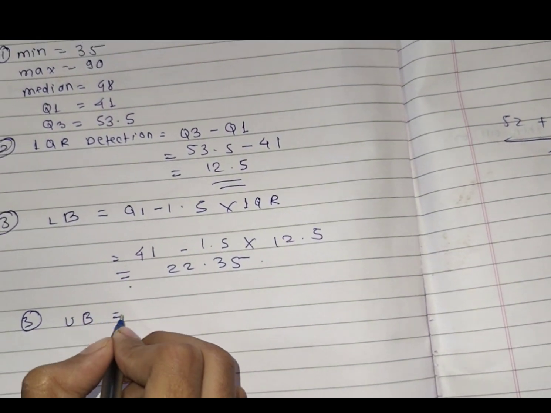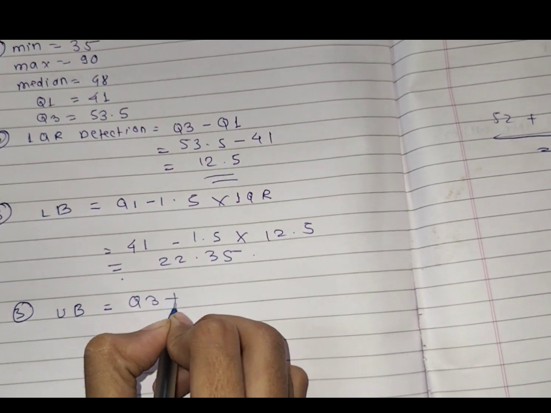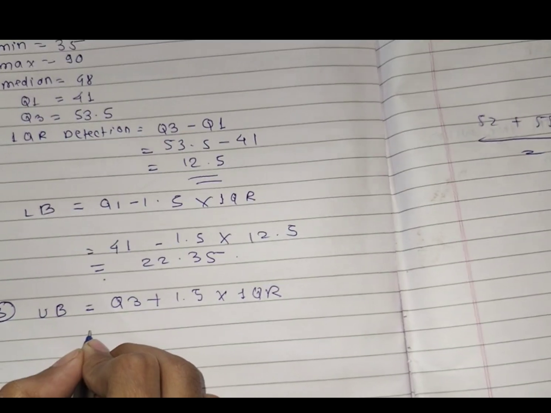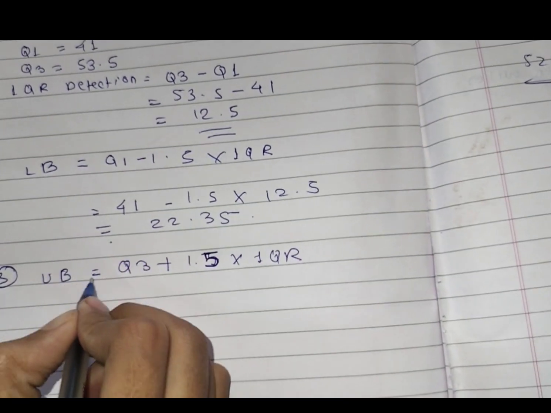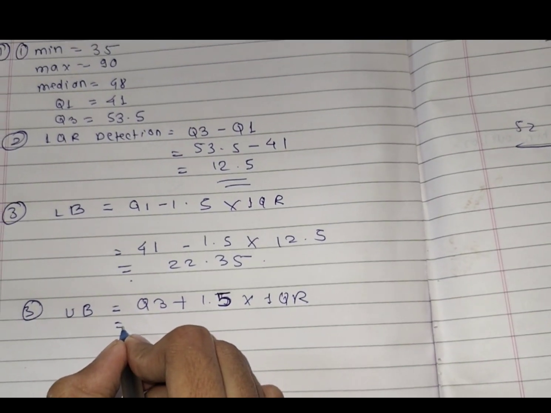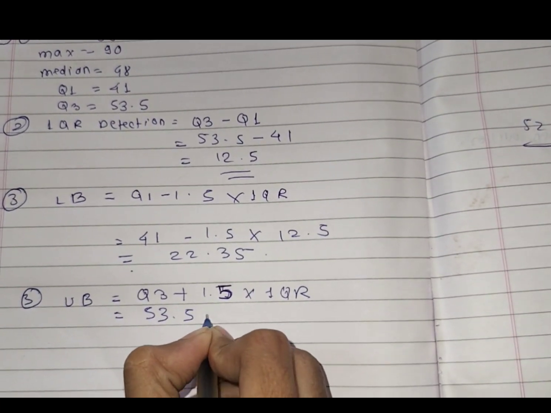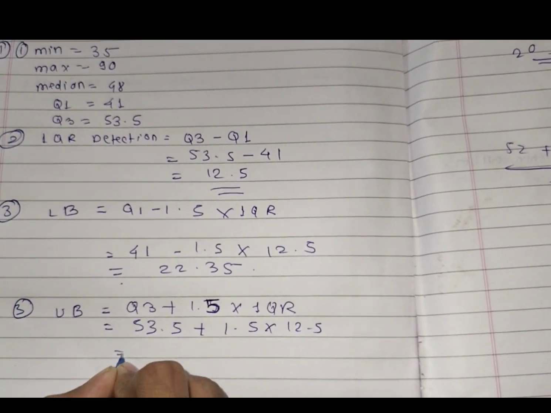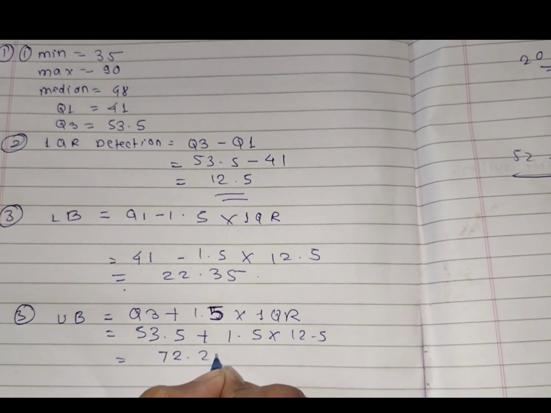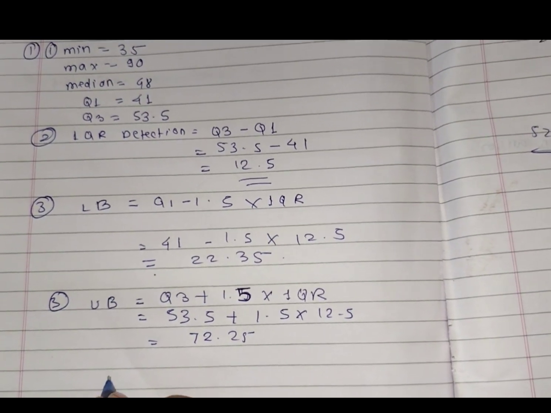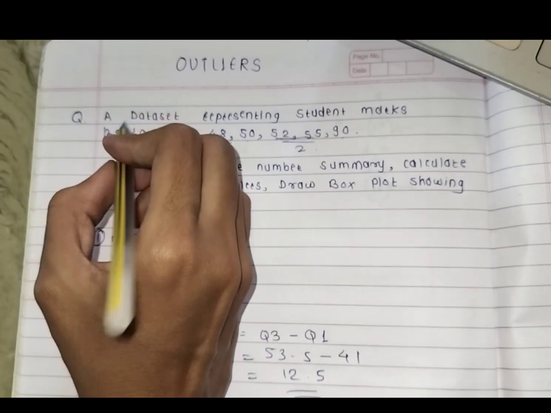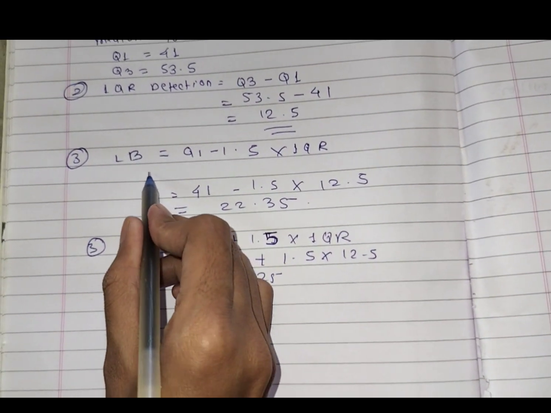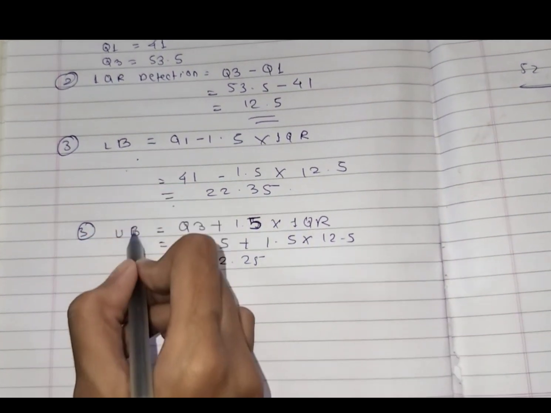So now we will find the upper bound. For finding the upper bound, we have the formula Q3 plus 1.5 times IQR. So we will put the values in it. So we have Q3 as 53.5 plus 1.5 times 12.5. So we will get the final answer as 72.25. Now we will check whether all the data values are within the lower bound and the upper bound.